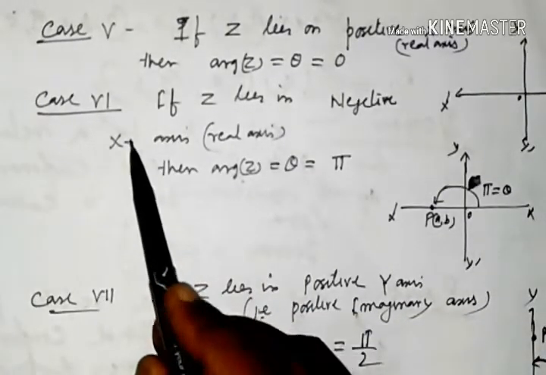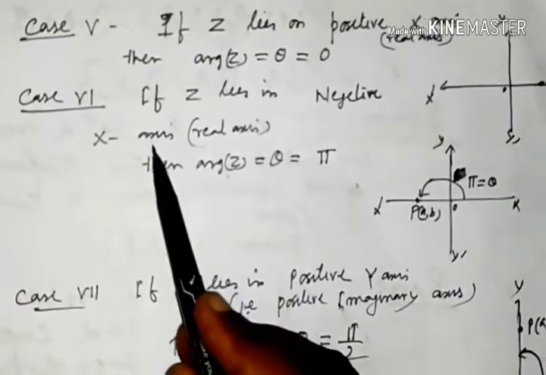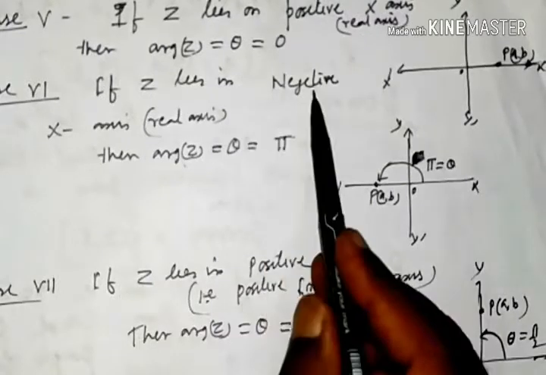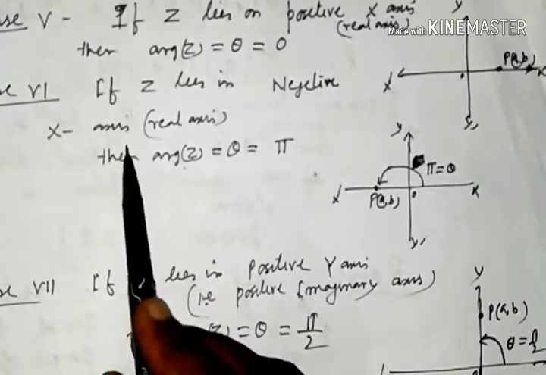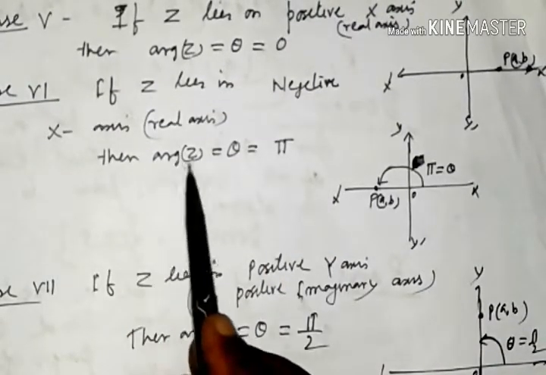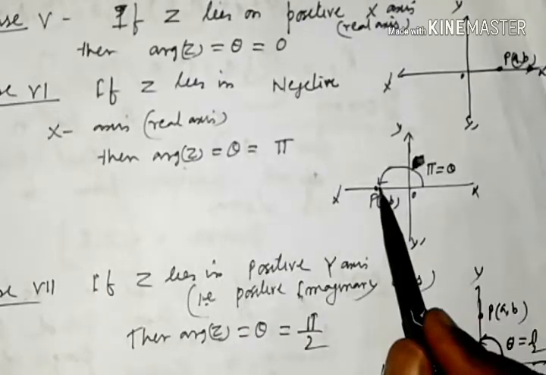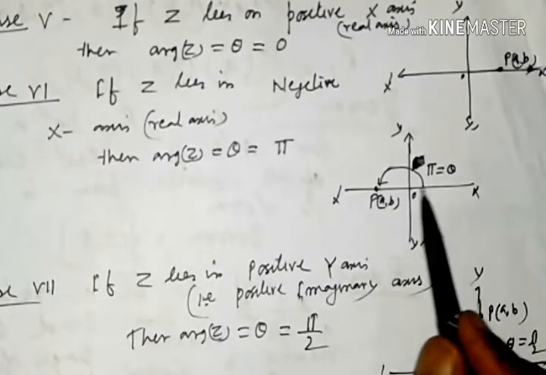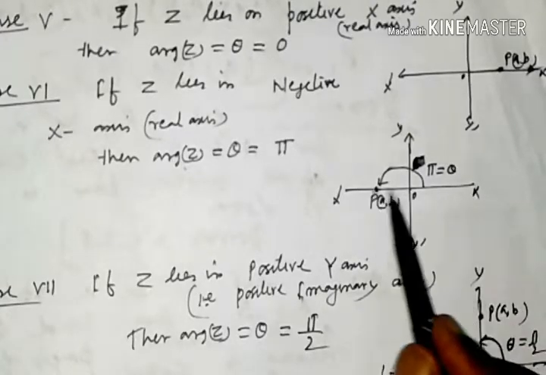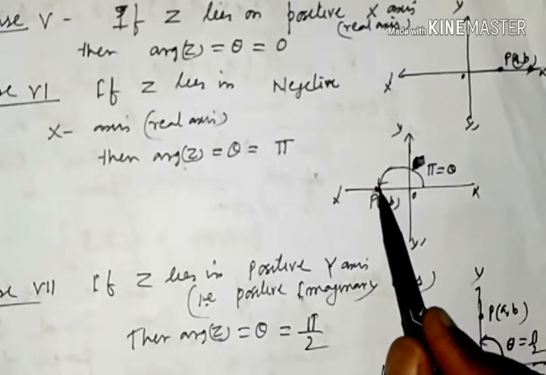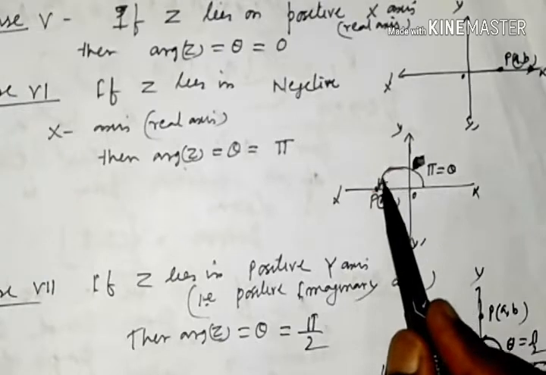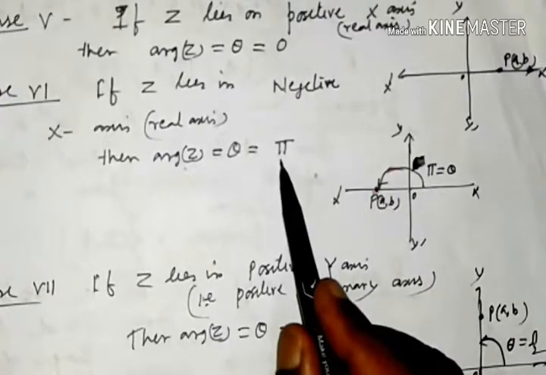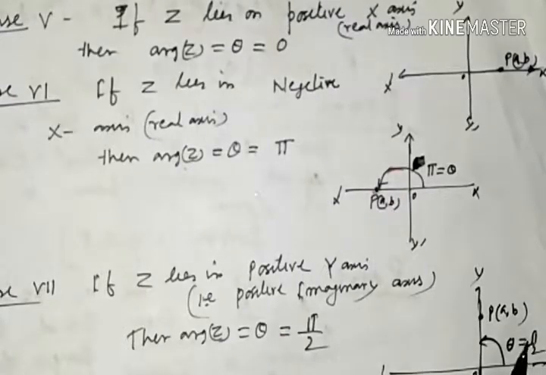Case 6: if z lies on the negative x-axis, then the angle between OP and OX is pi. It is in the anti-clockwise direction, therefore it is plus pi.